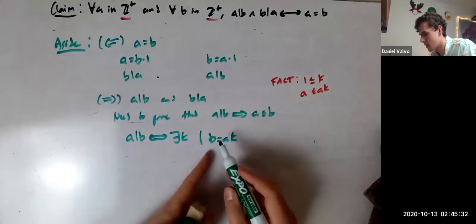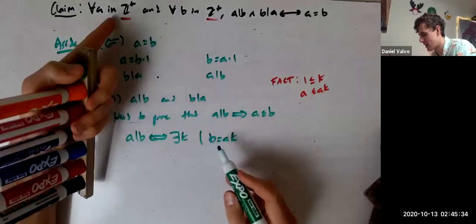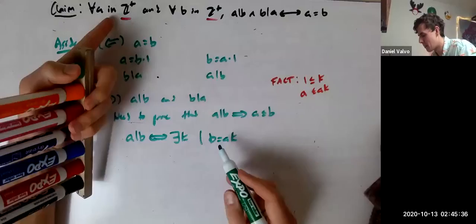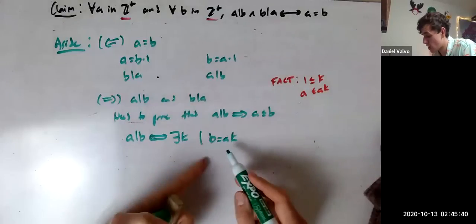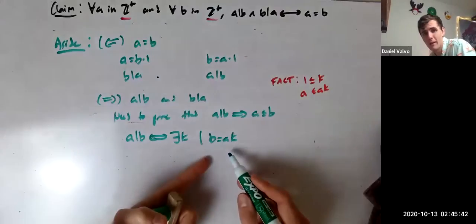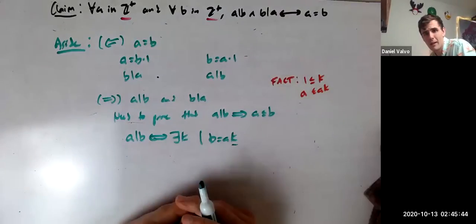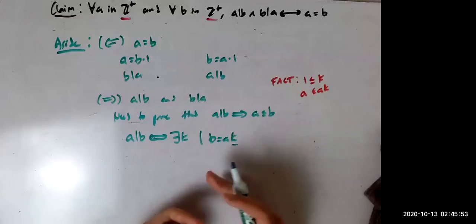And because we're dealing with positive integers here, if they are positive, is K going to be positive or negative? K has to be positive.